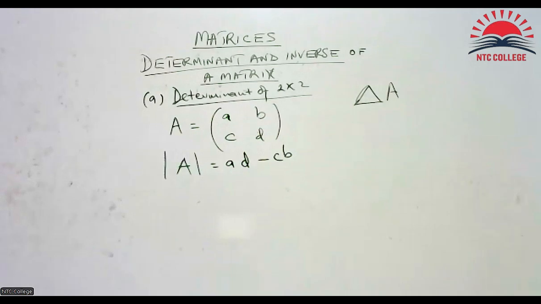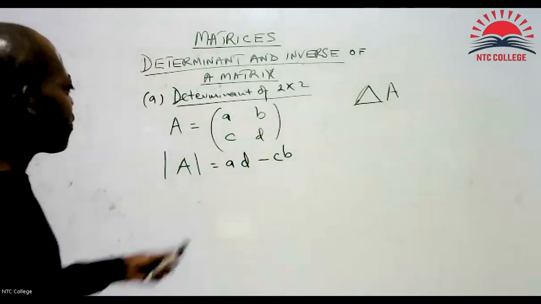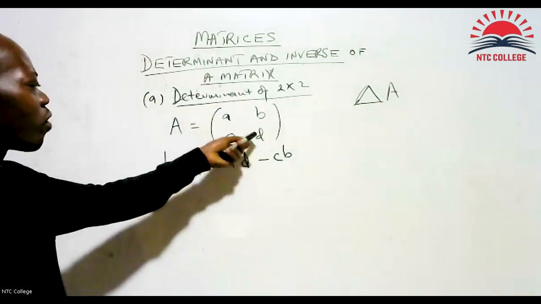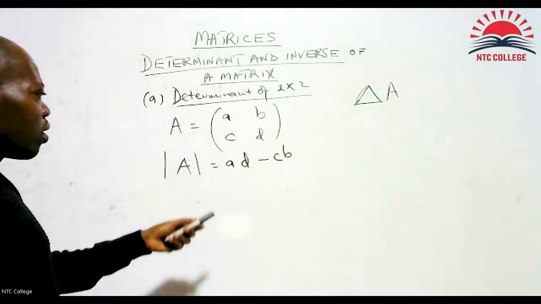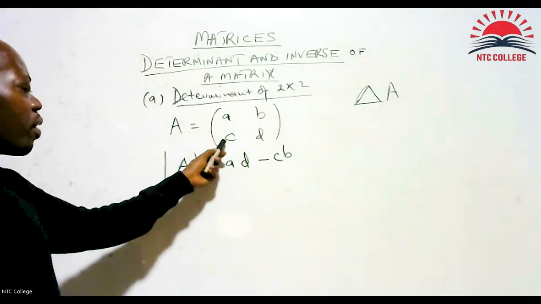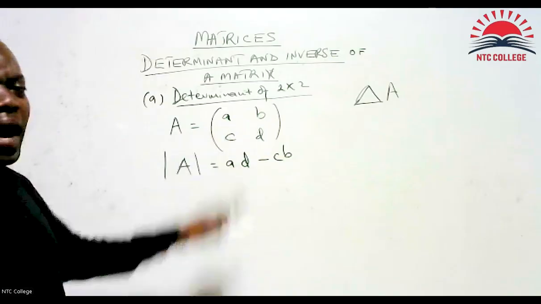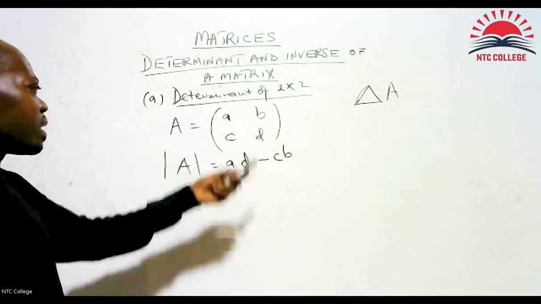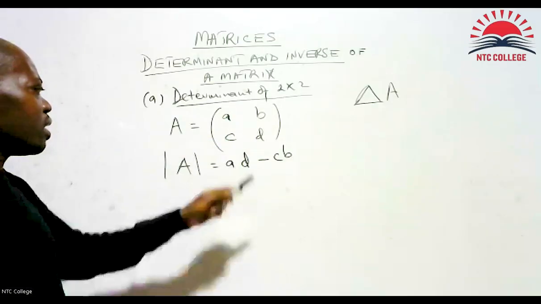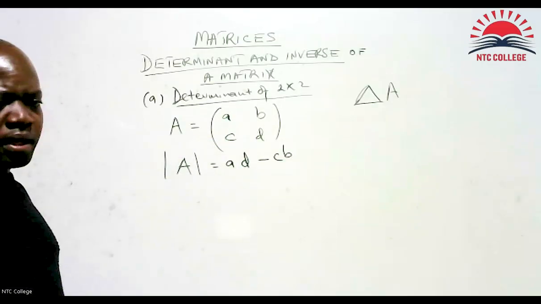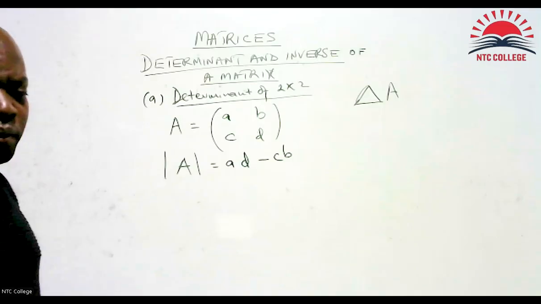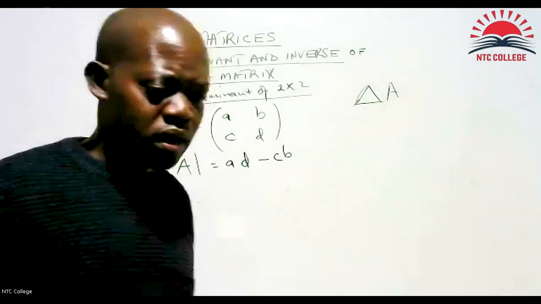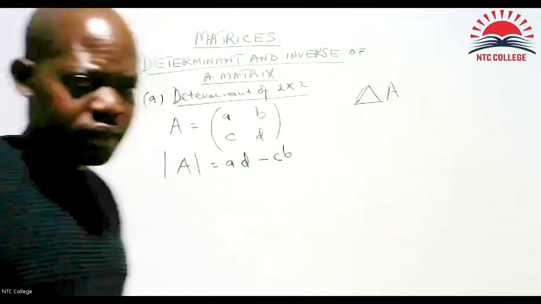So in finding the determinant, it would be given by the product of the main diagonal minus the product of the minor diagonal. So the main being the principal diagonal, ad minus cb. That is how we obtain the determinant of a 2 by 2 matrix.